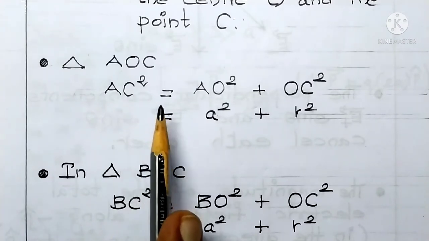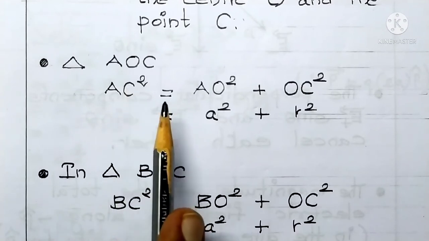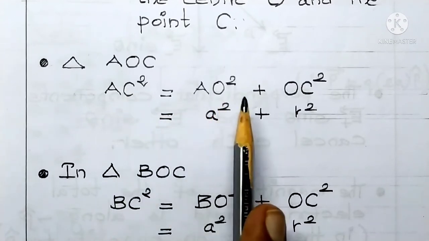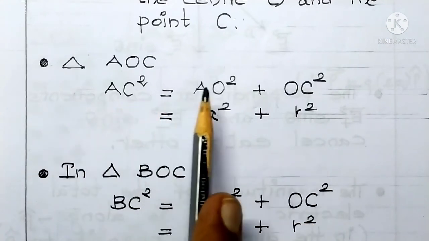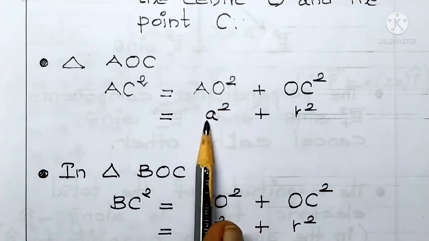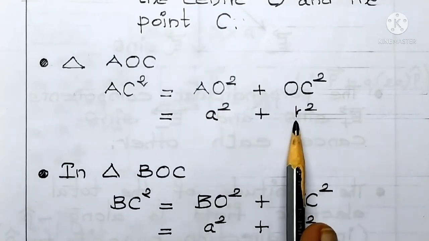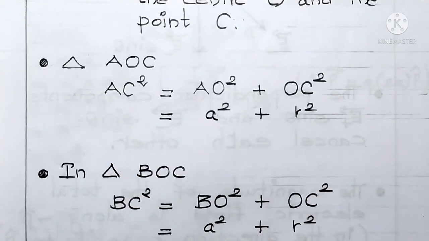So according to Pythagoras theorem, hypotenuse squared is equal to the sum of the squares of the other two sides. We all know that. So AC squared is equal to AO squared plus OC squared. AO is nothing but a, so a squared, plus OC is nothing but r, so r squared. So AC squared is equal to a squared plus r squared.